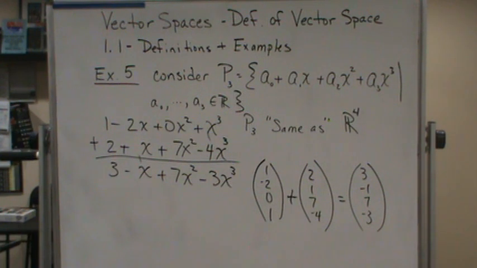So in general, we write P sub n as the vector space of polynomials of degree n or less.